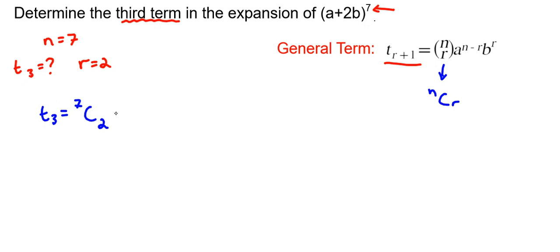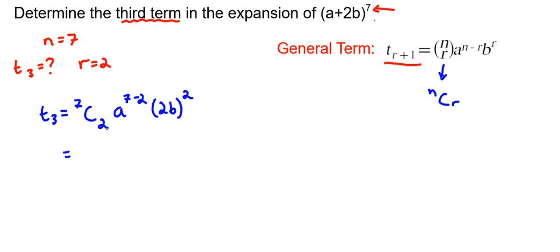Then we're going to have our a value, which is actually just a in this case, and it's going to be to the n minus r, so 7 minus 2. Then my b value, which is 2b in this case, is going to be raised to the r value, which is just 2. So we have all the pieces, we just need to evaluate now.